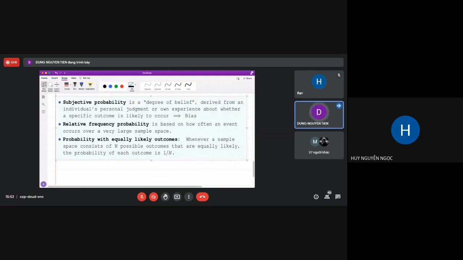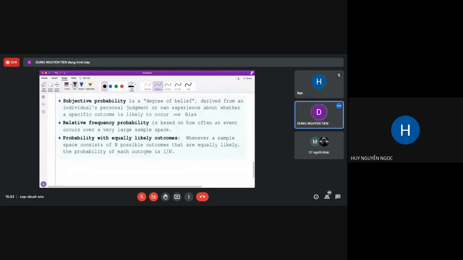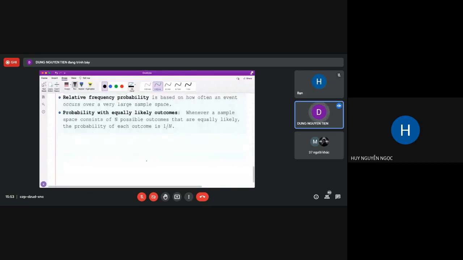Then you can come up with another one, probability with equally likely outcomes. For example, whenever a sample space consists of n possible outcomes that are equally likely, the probability of each outcome is 1 over n. It seems fair.